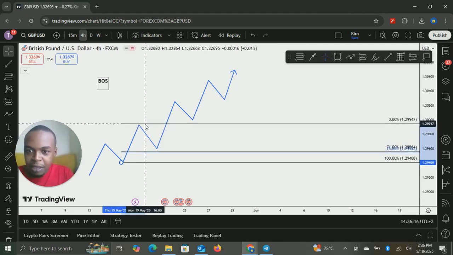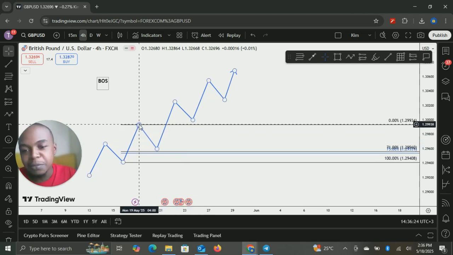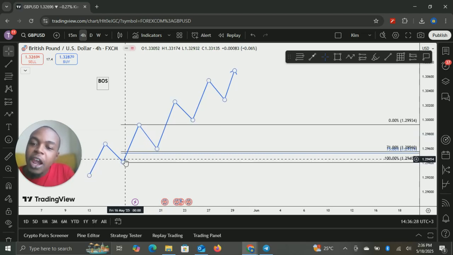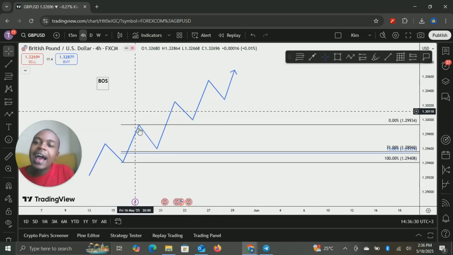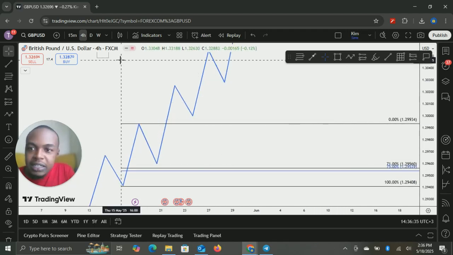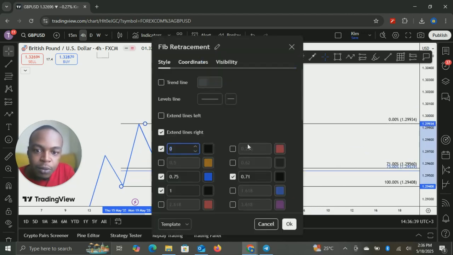We are speculating that this market is going to be up, but we are not so sure if it's going to break this point. So you draw from the lower high to the higher high, then mark your 0.71, and you enter at the 71%.